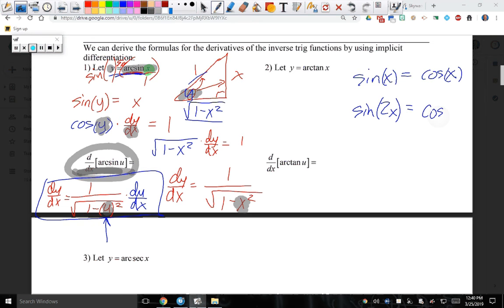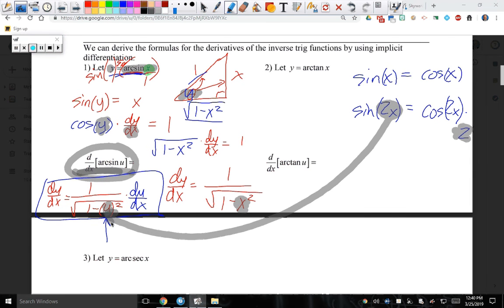Yep, cosine of 2x times 2, because you had to do the derivative of the stuff. This is the same thing as u. It's when the variable does not have a coefficient of just positive 1. It's whenever it's other stuff that is chain ruled out.